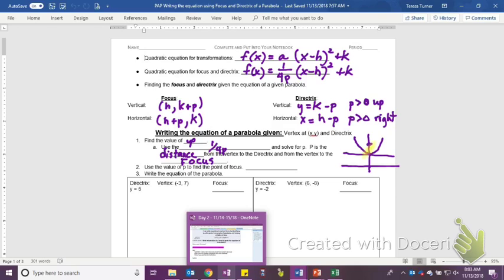So those are congruent, those two distances, and that distance is p. Then you use the value of p to find the point of the focus.